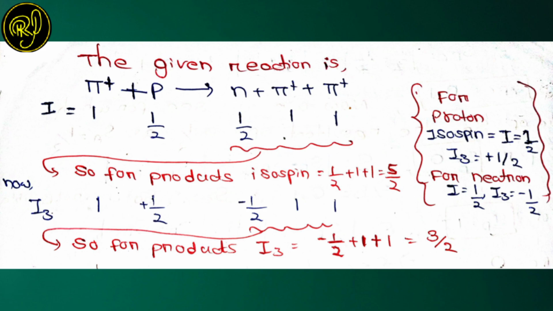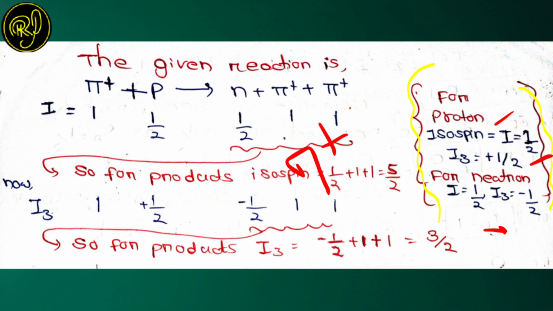Now let's see for the proton. For the proton the isospin is half, and the third component of isospin is also half. For the neutron the isospin is half and the third component of isospin is minus half.